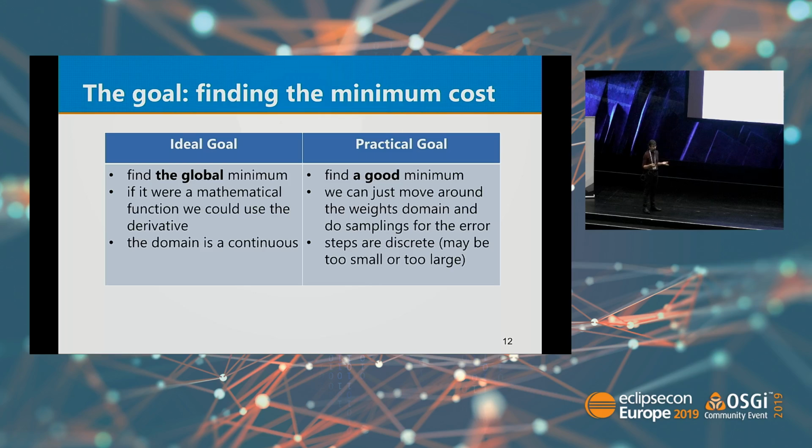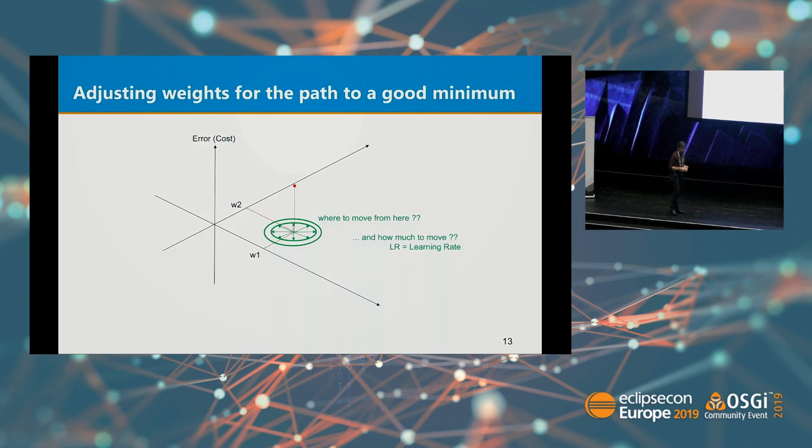Because what can we do? We can just move around in the weights domain, calculate the error, and then decide where to move next, in which direction, and how much I should move. Well, how much I should move, the step that I take, is usually known as the learning rate.